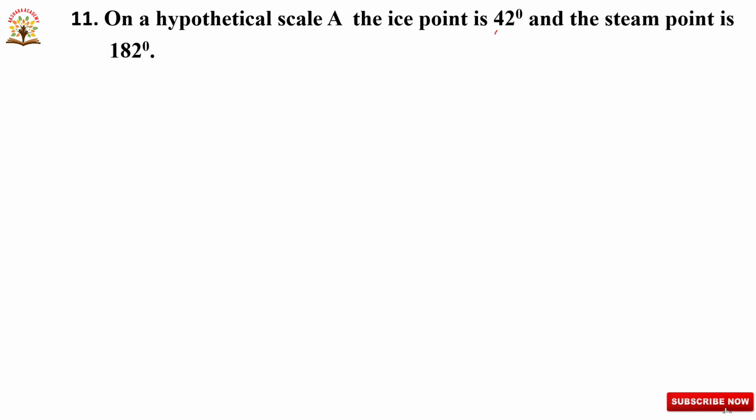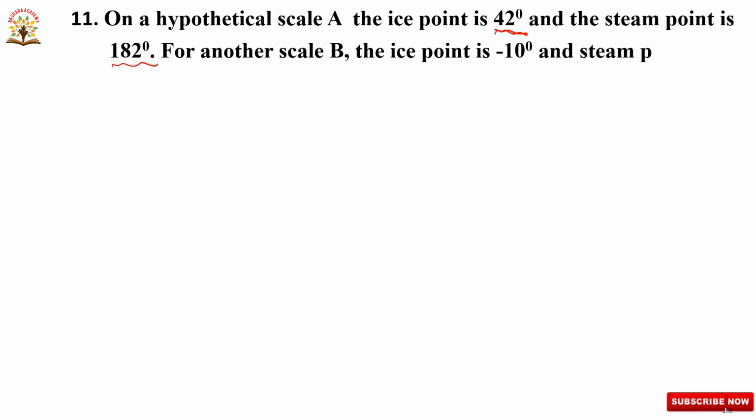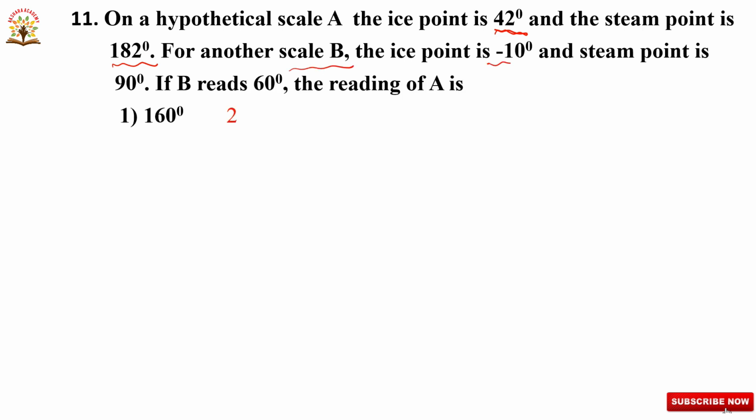11th one. On a hypothetical scale A, the ice point is 42 degrees and the steam point is 182 degrees. For another scale B, the ice point is minus 10 degrees and the steam point is 90 degrees. If B reads 60 degrees, the reading of A is.